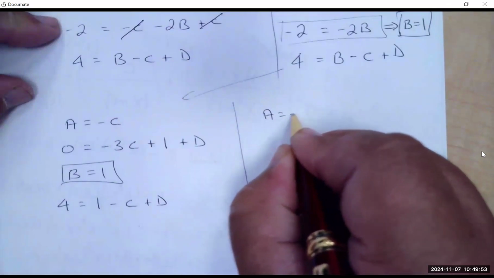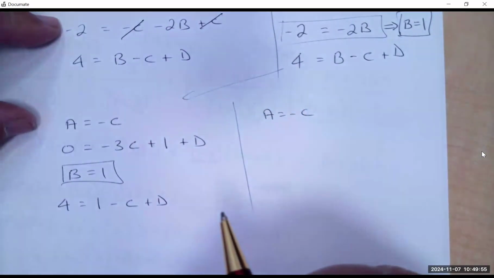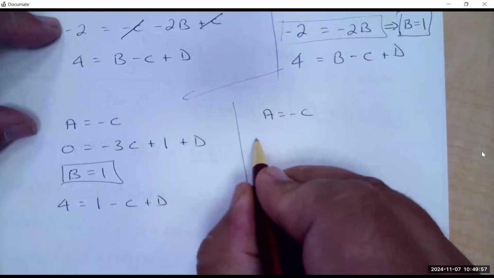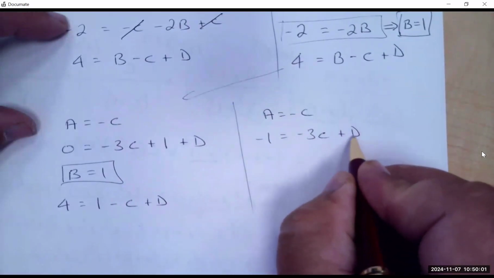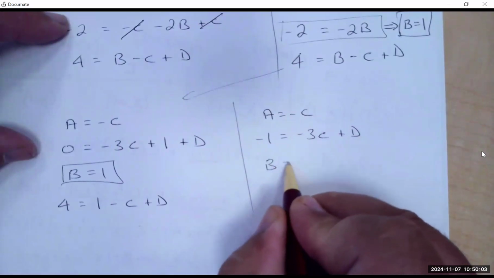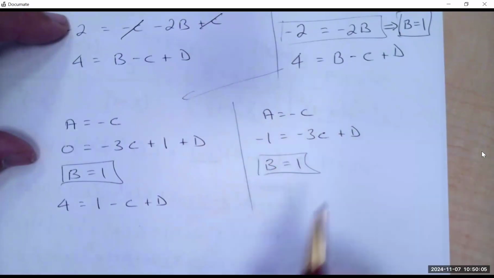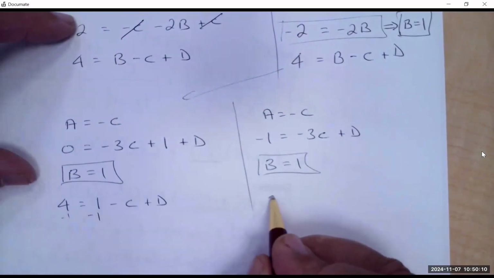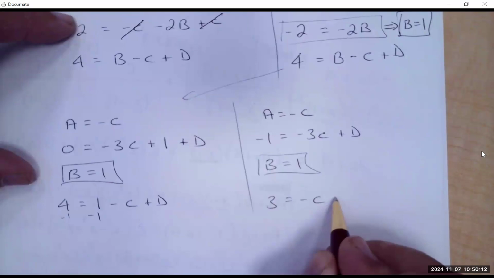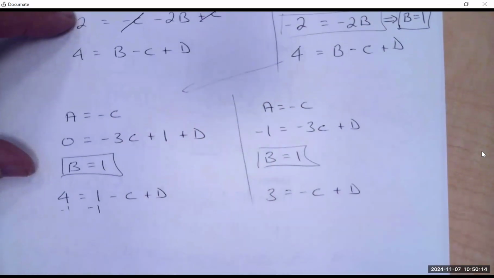So A is equal to negative C. Negative 1 equals negative 3C plus D. Three equals negative C plus D.